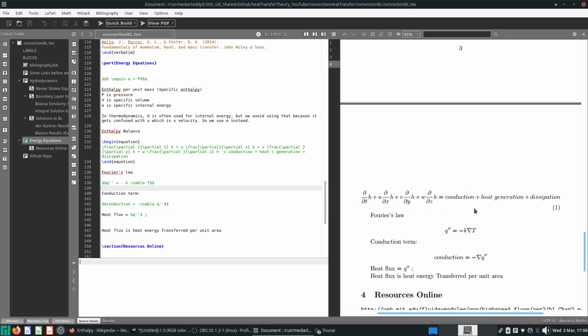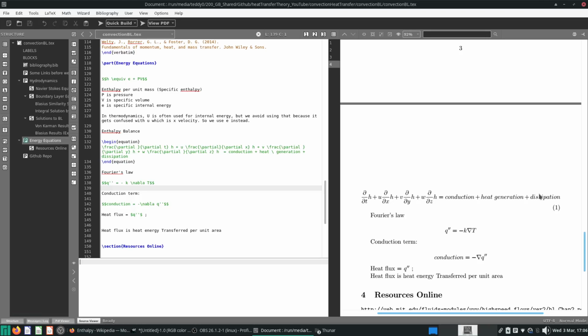This is contributed to by the conduction of heat, the generation of heat, if there are any chemical reactions or whatever sort of reactions or heat generation mechanism.